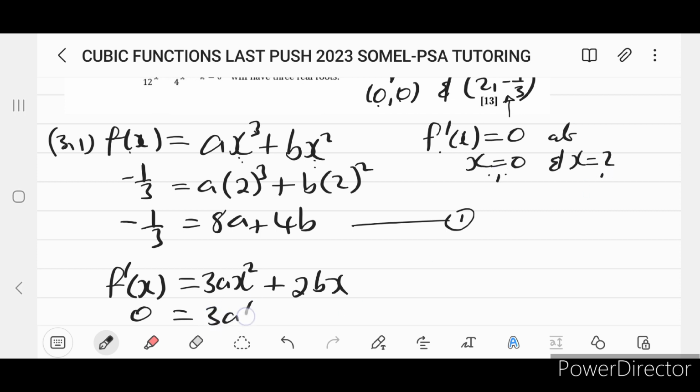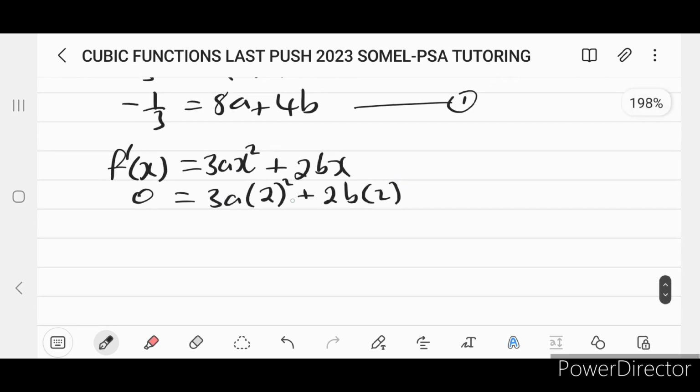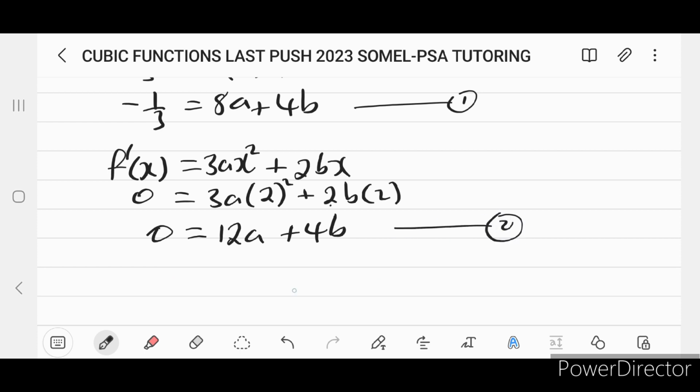So 3a times 2 squared plus 2b times 2. 2 squared is 4, and 4 times 3 is 12a. Then 2 times 2 is 4, so it's going to be 4b, and this equals 0. So this is equation 2.